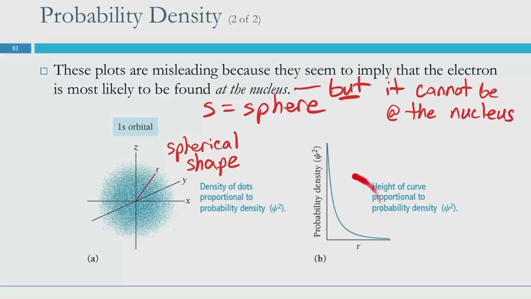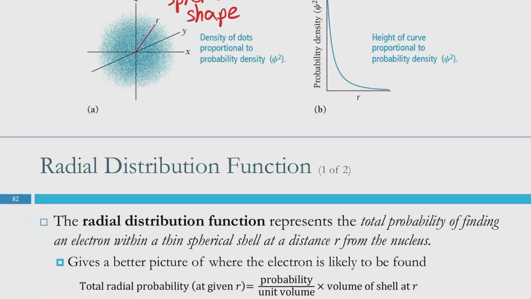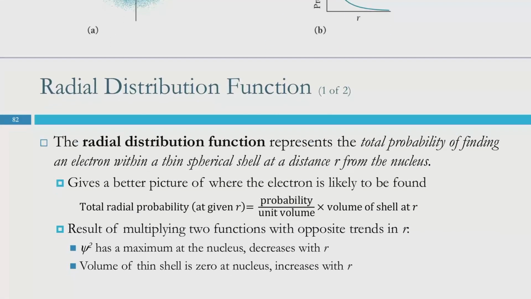We've got a graph here that's showing our probability density, how likely we are to find our electron at a given spot. The higher that we are on this plot, the more likely we are to find it there. And r here at the bottom is radius, so how far away from the nucleus are we? And it looks like we should find it at the nucleus most of the time. But that's false. And so we have a different function, the radial distribution function.